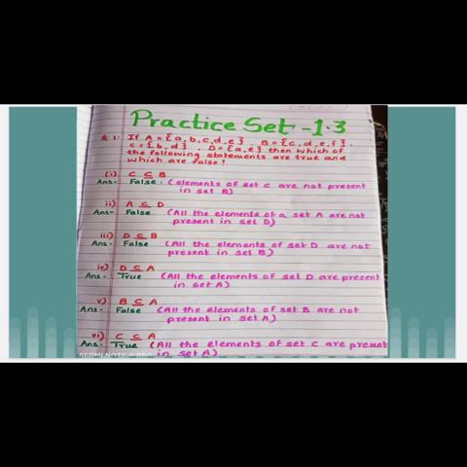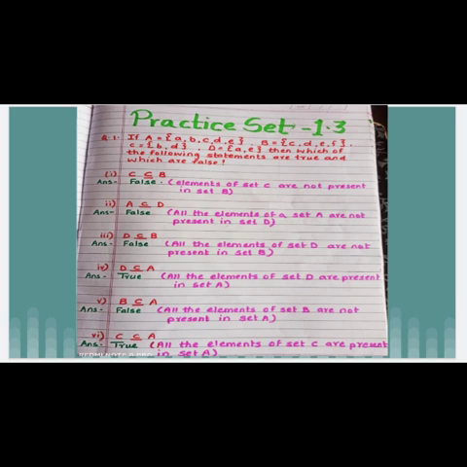Now we will see practice set 1.3. Question number 1. If A is equal to {A, B, C, D, E}, B is equal to {C, D, E, F}, C is equal to {B, D}, D is equal to {A, E}, then which of the following statements are true and which are false?